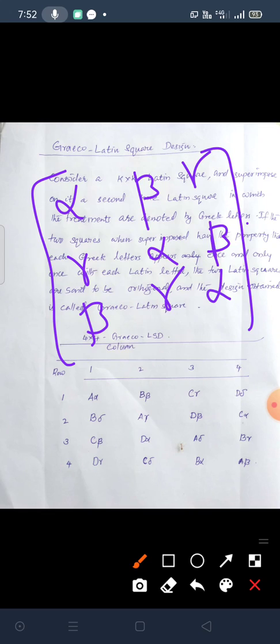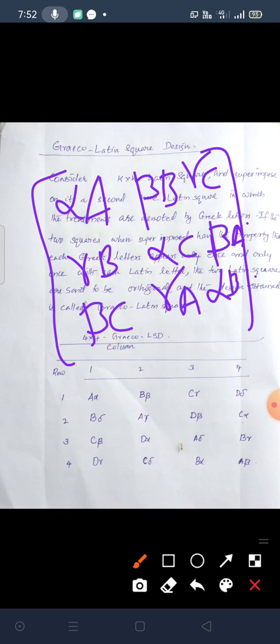Superimposing means we write the first one, then the second one: A, B, C; B, C, A; C, A, B. So this is one experimental cell, this is the second cell, and this is the third cell. So this is what is called the superimposing of two Latin square designs.